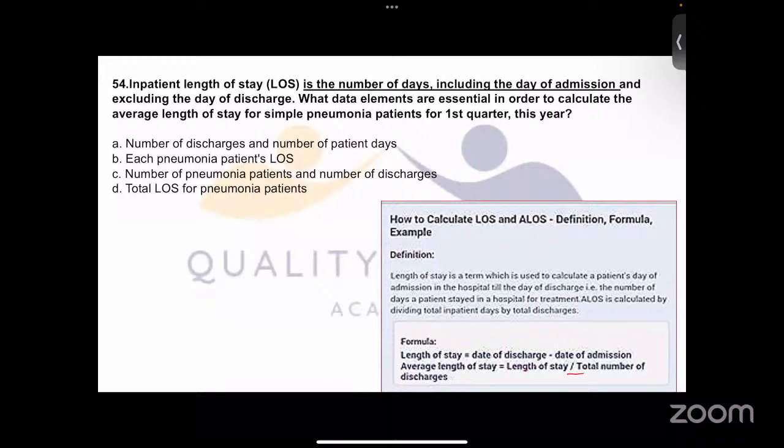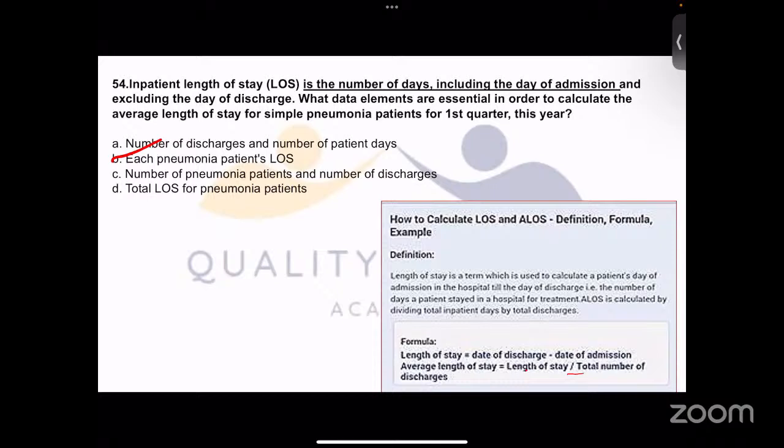So to calculate an average, I need the total length of stay for all patients and the total number of patients. So the answer here in number 54 is letter B, each pneumonia patient's length of stay, because this is the date of discharge minus the date of admission.